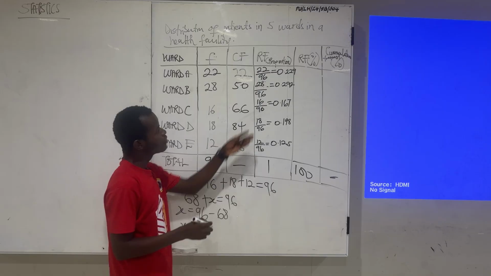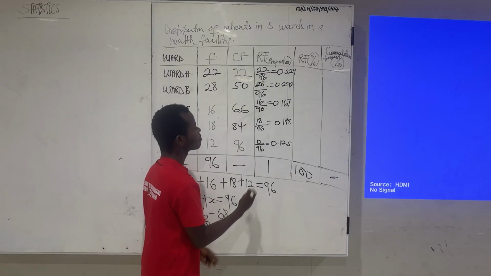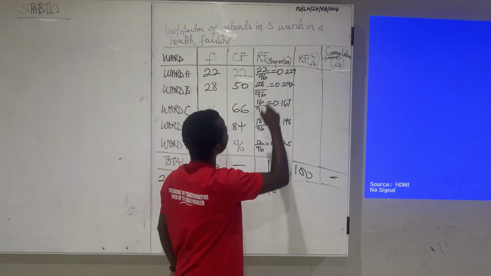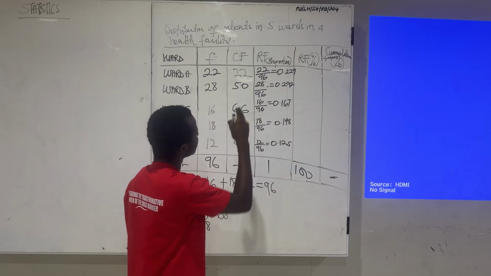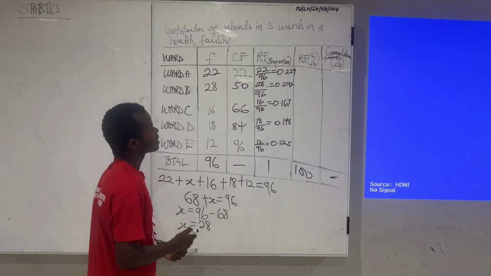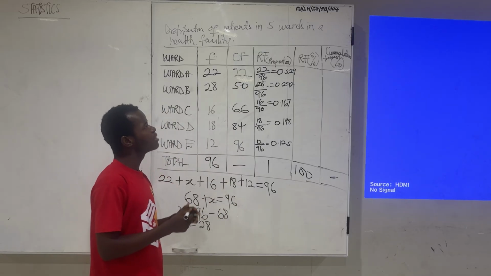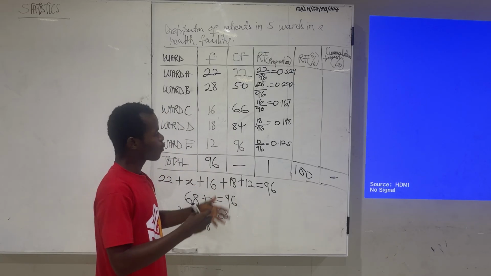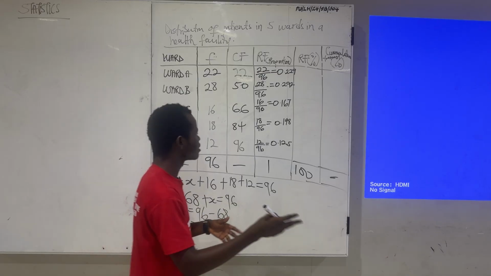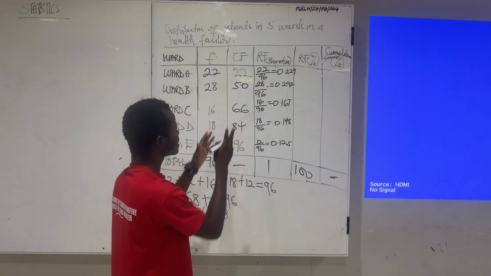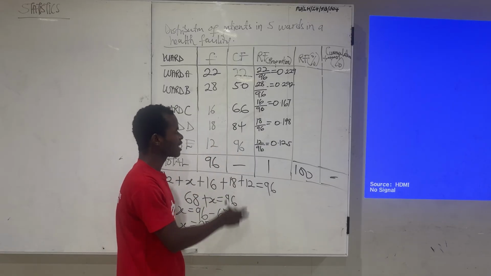So when you sum up everything here, you get 1 because we left everything in 3 decimal places. You get the 1 accurately. But if you leave it in maybe 2 decimal places, you might get 1 point something, 1.01, 1.2. But when you do it like this, you get everything accurately.